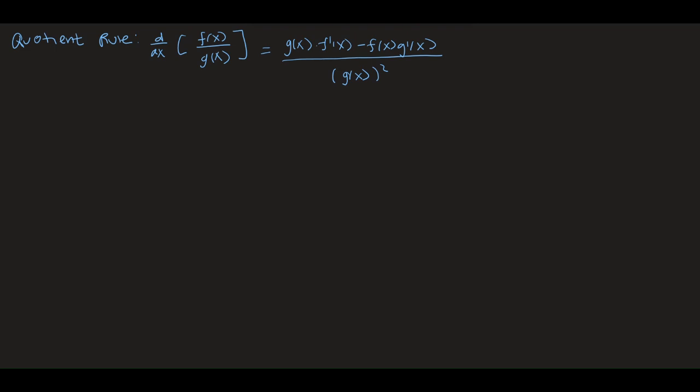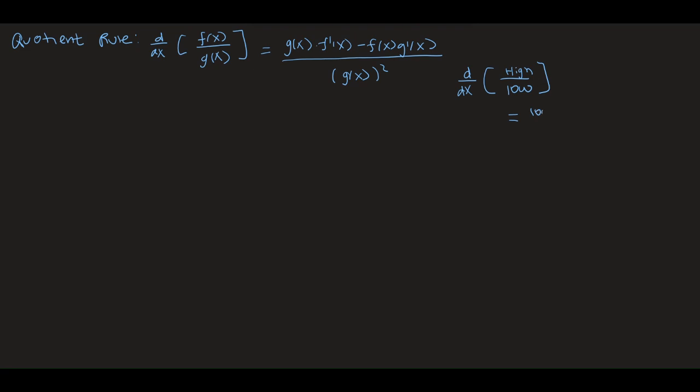Now, this can be a little bit complicated to memorize, so there is a little memory hook that people have come up with, and that's if we think about these functions in terms of high and low, so the top numerator and the bottom denominator. The memory hook is pretty simple to remember.